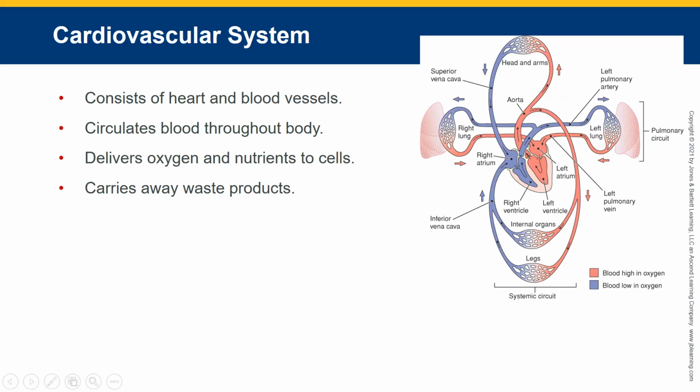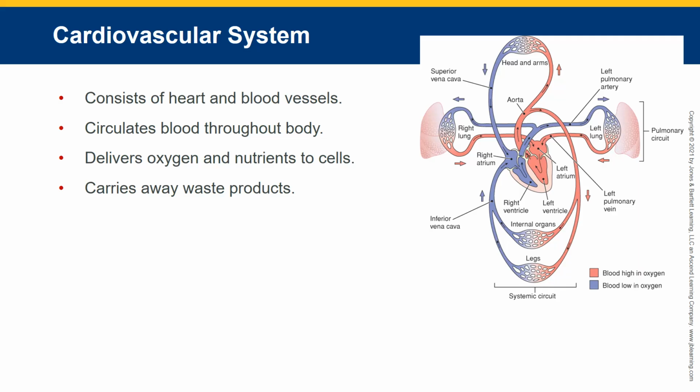So the heart is designed to first send blood out to the lungs, but also once the blood comes back from the lungs with oxygen in it, the heart is designed to pump that oxygenated blood out to the rest of our body, to all the tissues, to keep us alive.